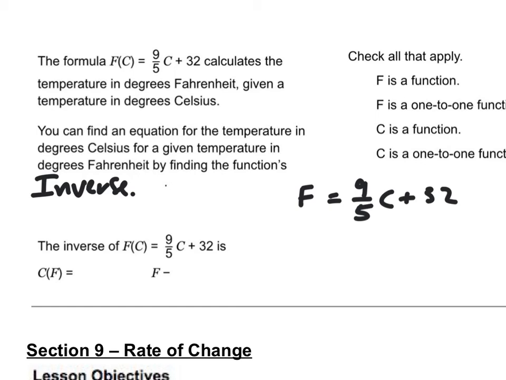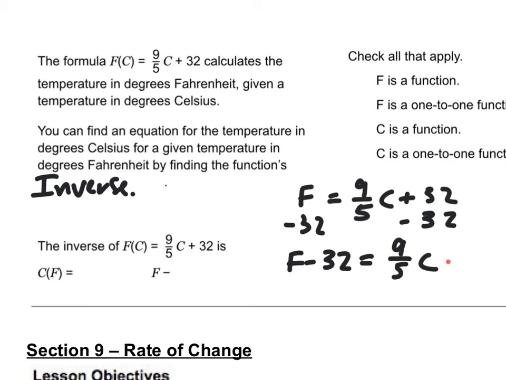So I'm going to subtract 32, and I'm going to get f minus 32 is equal to 9/5 c. And to get rid of this, I want to multiply this whole thing by 5/9. And so then I get that c is equal to 5/9 times my Fahrenheit.